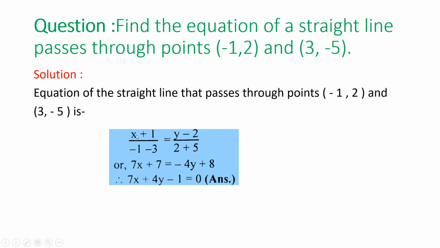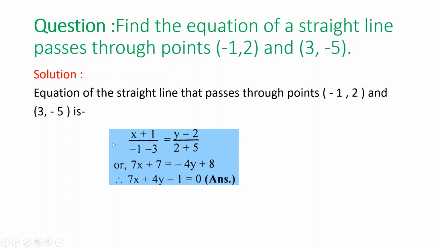As you know, this equation follows the formula with x - x1, that means x + 1, and y - y1, that means y - 2. Here x1 = -1, y1 = 2, x2 = 3, y2 = -5. Here x1 - x2 means -1 - 3, and y1 - y2 means 2 + 5.